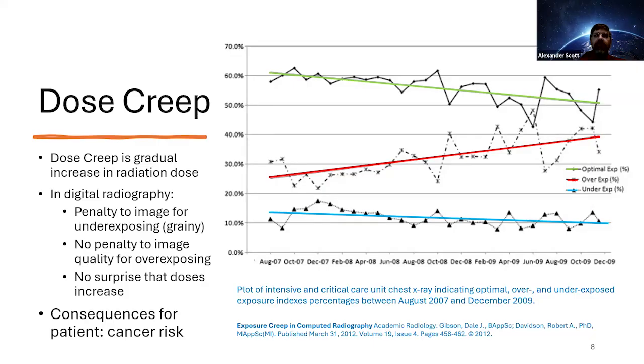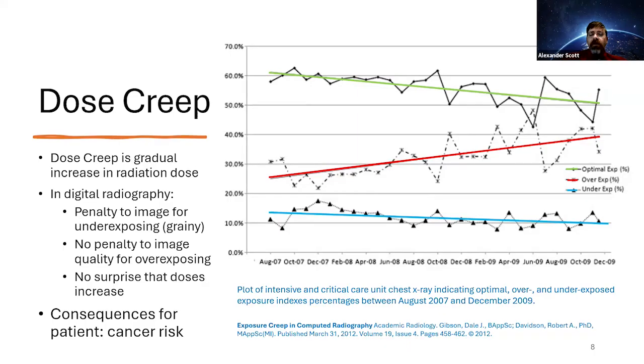But the thing is that we do a lot of these radiographs. And so we can't just talk about the risk to one person. We have to consider the population risk, where even though the probability of getting cancer from an x-ray is really low, if 200 million people all get an x-ray every year, then that's a lot of opportunities to maybe give someone cancer.